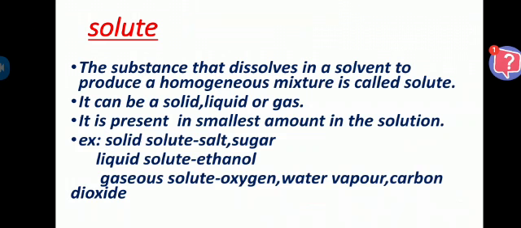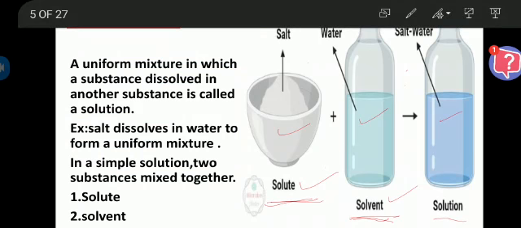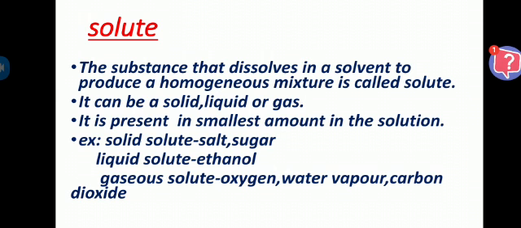Before going further, here we will learn first what is solute. As I have already told, a solution consists of two components, the solute and the solvent. So let us know what is solute.